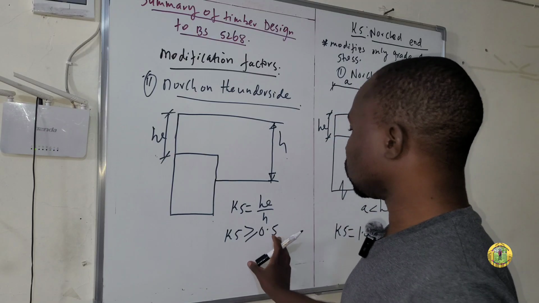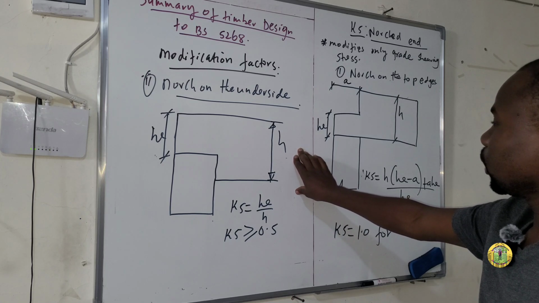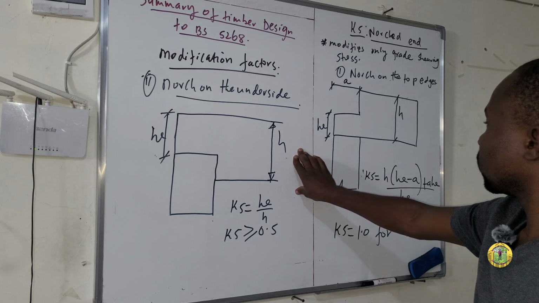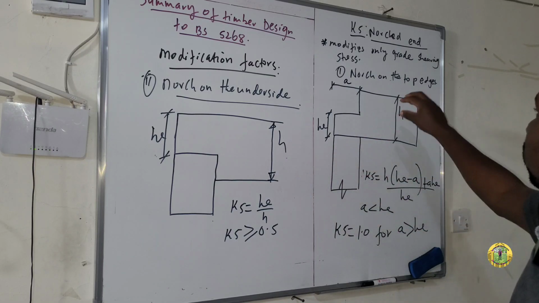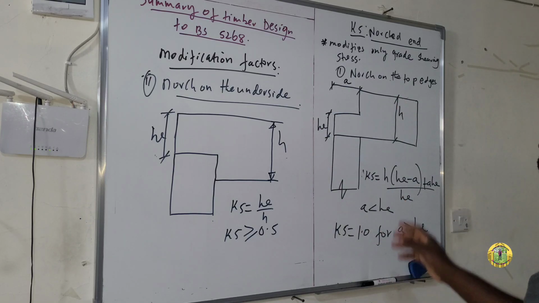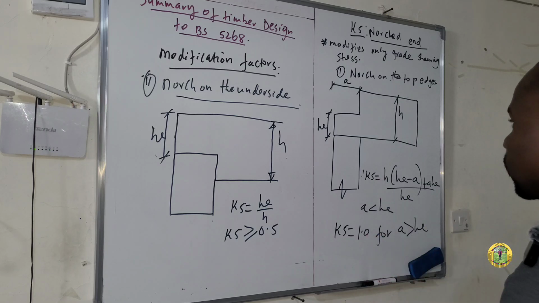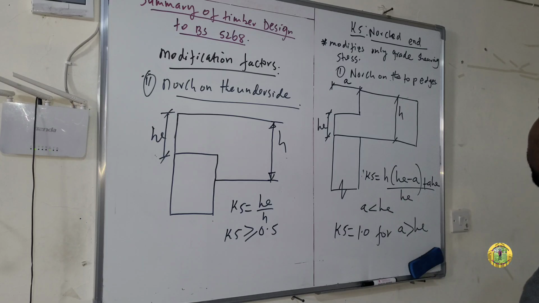This K5 will be used when given a question in which the timber joist has either a notch on the top edge or a notch on the underside. You'll calculate the K5 for either case, and then this K5 value will help you to calculate the permissible shear stress parallel to grain, which will be used in design consideration for shear.